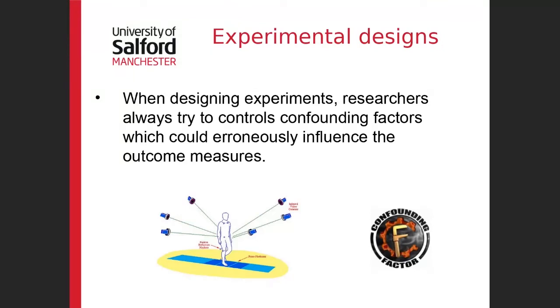Now, when we're designing an experiment, we need to think about what we call confounding factors, and they're factors that can erroneously influence the outcome of our study. One of the earlier examples I gave was around studying the effect that footwear has on in-shoe foot pressures.